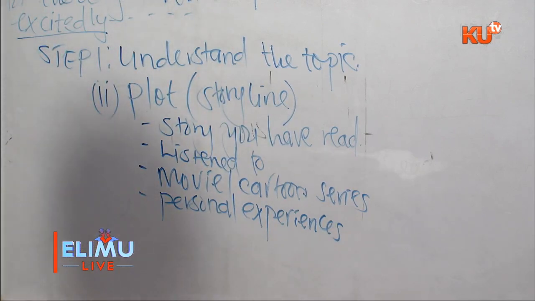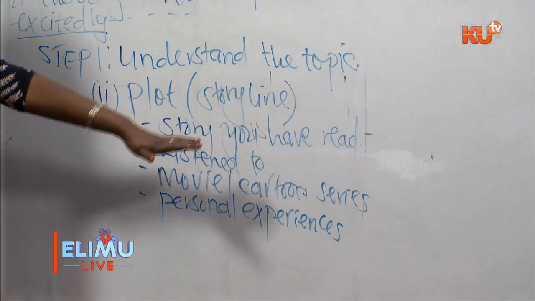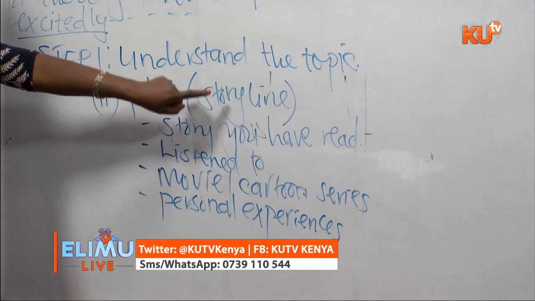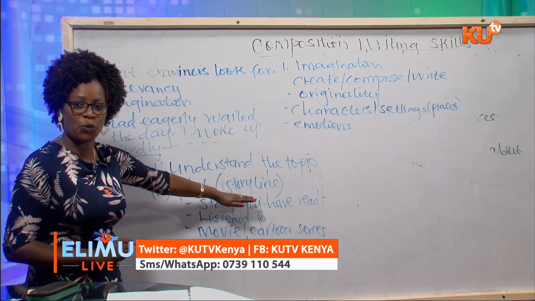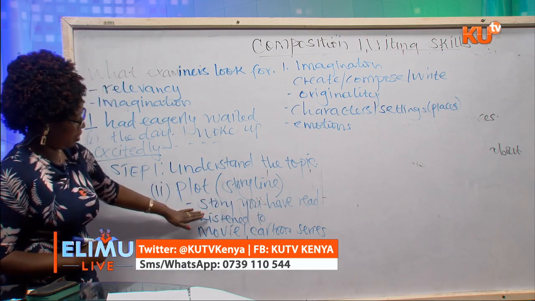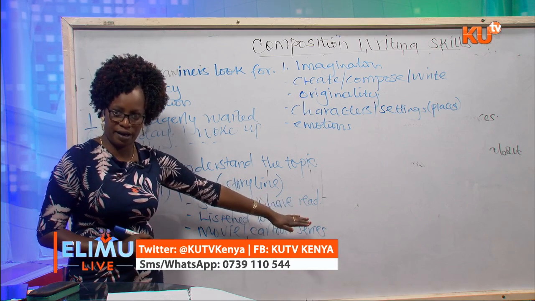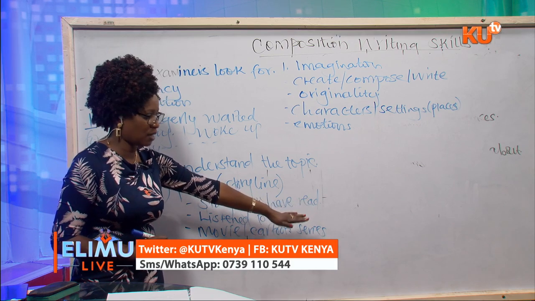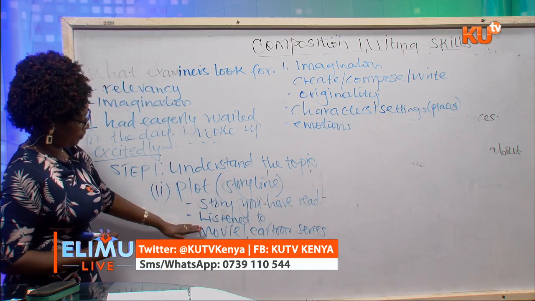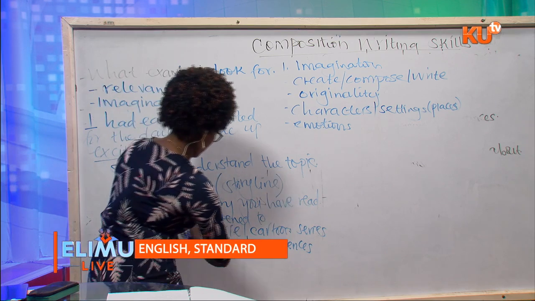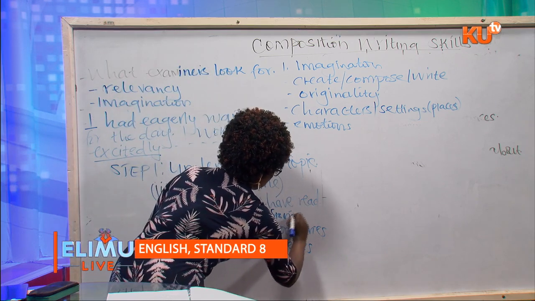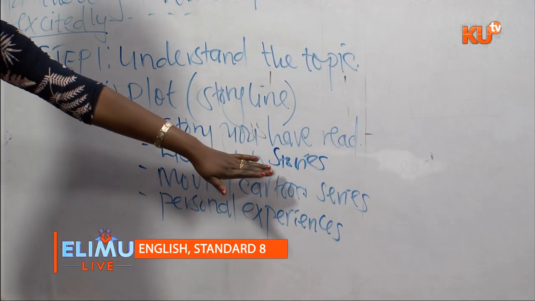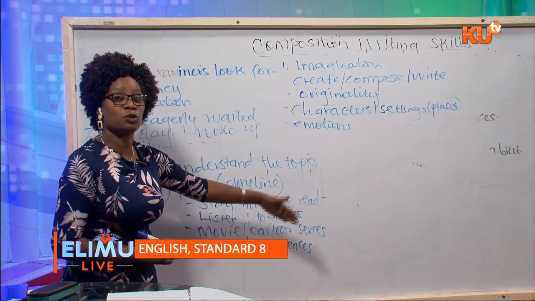Yes, from personal experiences. So look, we are now at number 4, how you can come up with great, interesting story ideas. We have said from a story that you have read, from books, newspapers, magazines, and others. Listening to stories told by other people.